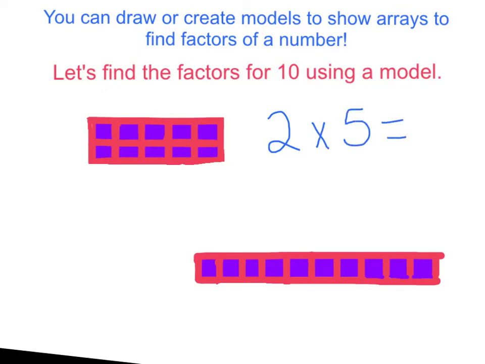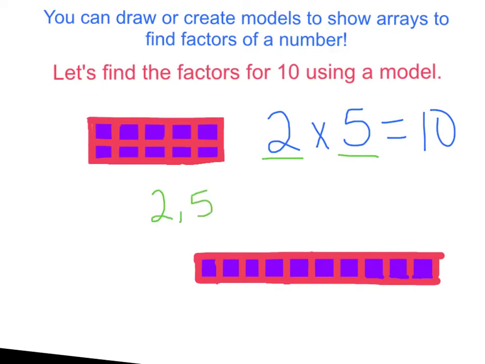And if I count them all together, I have 1, 2, 3, 4, 5, 6, 7, 8, 9, 10. I should get 10. So I know the first 2 factors of 10 are 2 and 5. And I can list those here, 2 and 5.